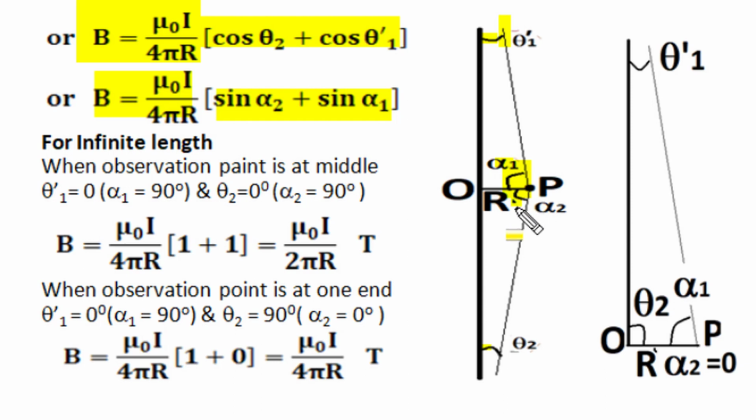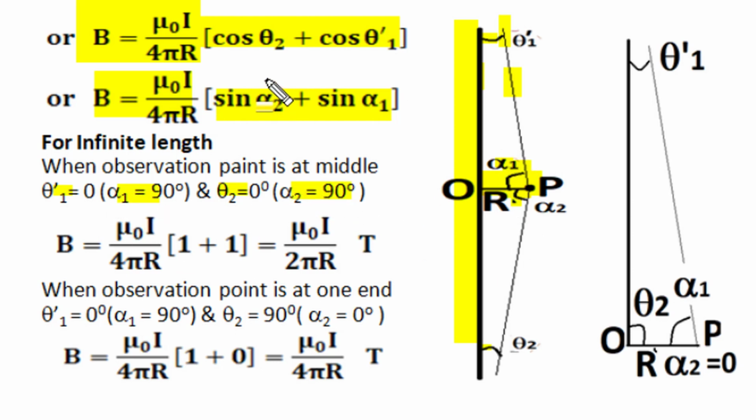Now if this conductor length is not finite but infinite, then if our observation position is midway, these two lines, position vector and current element, become parallel to each other, and theta 2 and theta 1 dash both become 0, and both alpha 1 and alpha 2 become 90 degree.